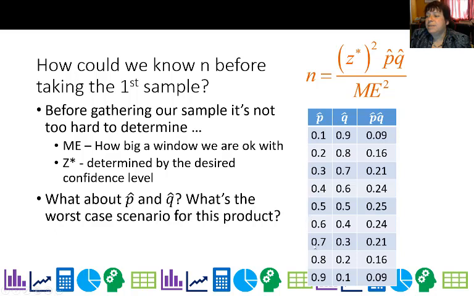Well, I did some values for p hat and q hat, from the formula here. The sample size is going to be proportional to the product of those two. And when is the product the largest? When they're both equal at 0.5. So worst case scenario, if you do not know the point estimate, you can use 0.5 for p hat, which is also the same for q hat.